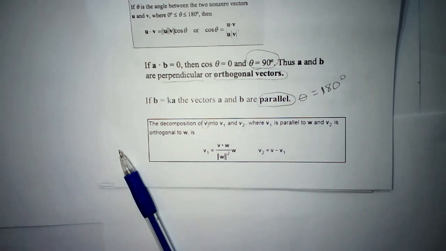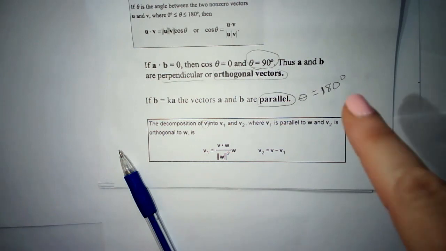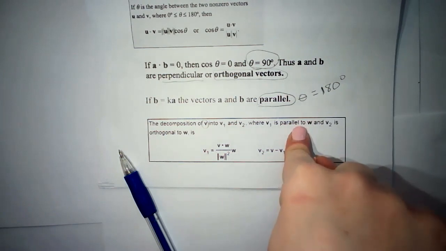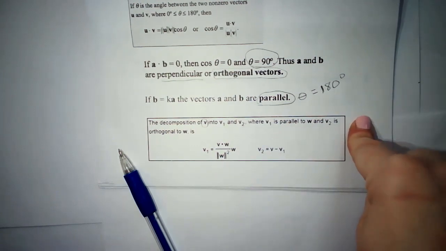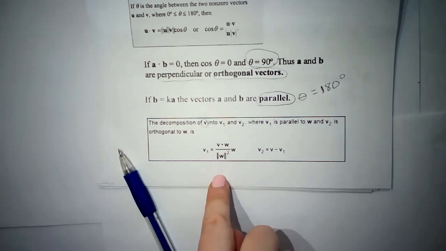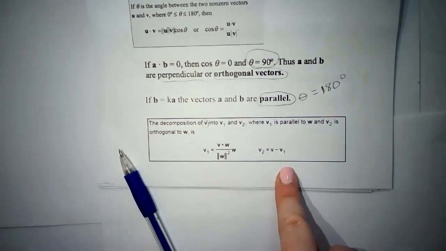When you break it into two smaller, we call that decomposing. So I'm decomposing my vectors. We want vector 1 to be parallel to another vector, and we want vector 2 to be orthogonal to the other vector. Sounds very complicated, right? It's really not. Here's the little formula.